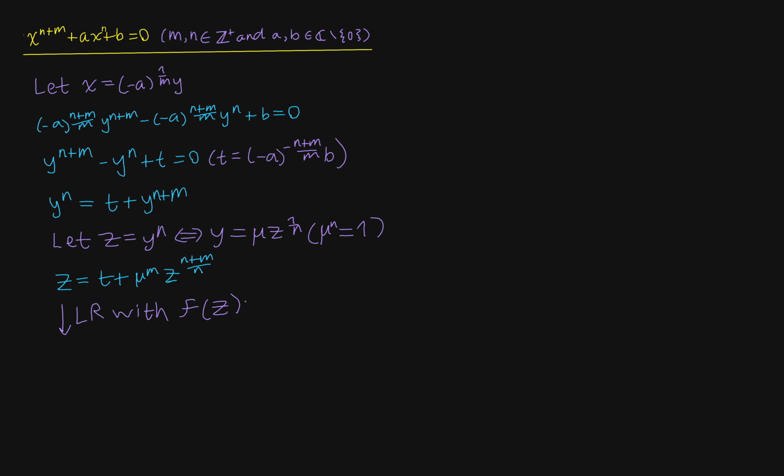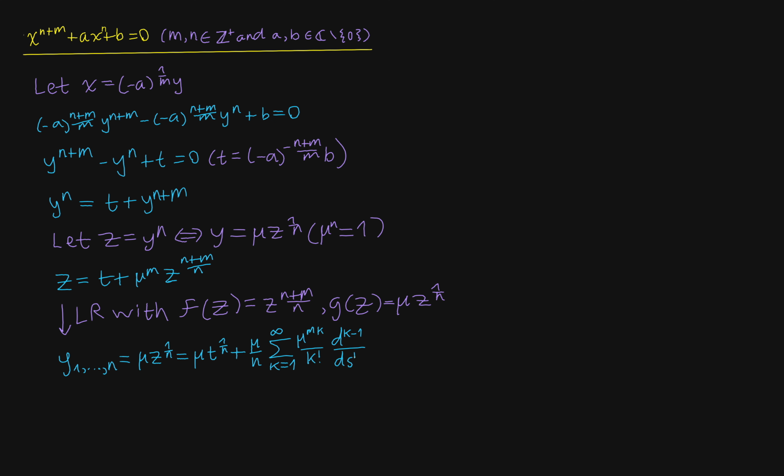We have f of z is equal to z to the n plus m over n, and g of z is just mu z to the 1 over n. Okay, so as follows. Again, because of the nth roots of unity, these are n solutions, so y1 to yn.